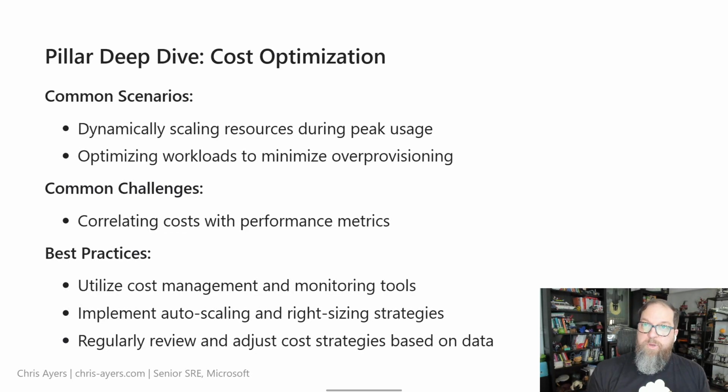A lot of times when you're in the cloud, you've shifted from like a CapEx model where you're just buying hardware once every amount of time and paying a license every amount of time to an OpEx model where you're being billed potentially per minute, per hour, per month based on the resource and the consumption you're doing against that. So understanding that shift in cost helps you design around that a little bit.